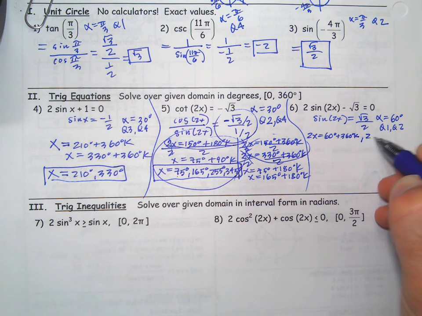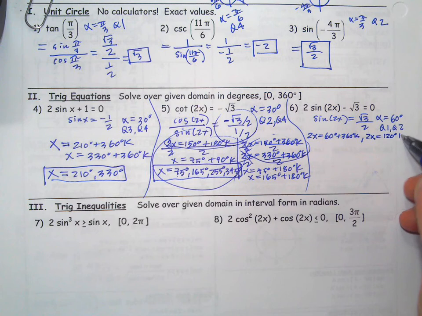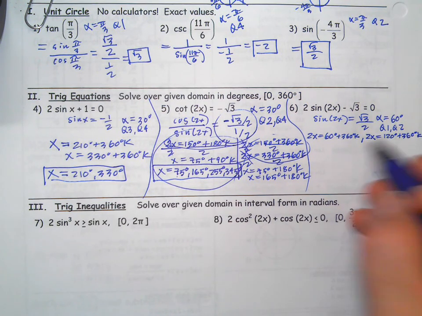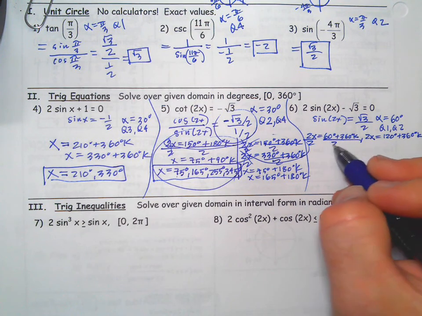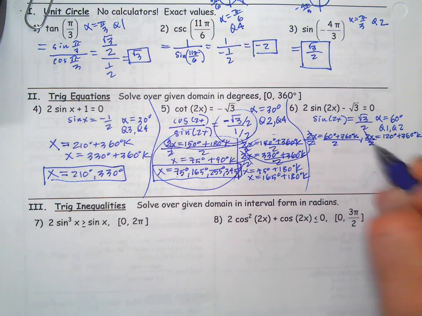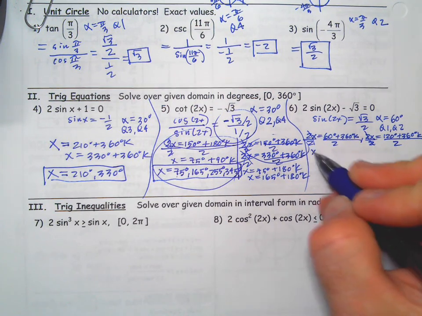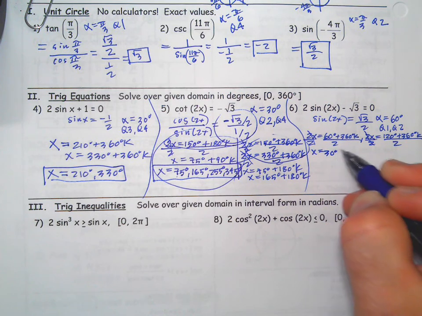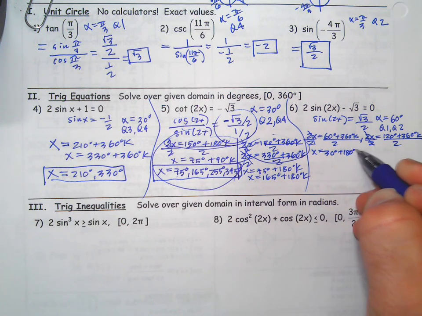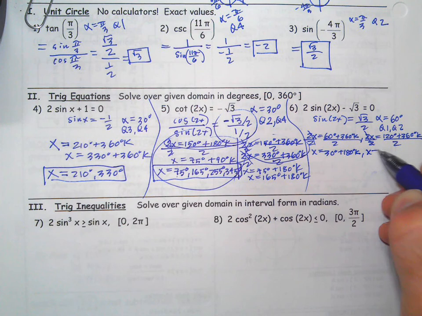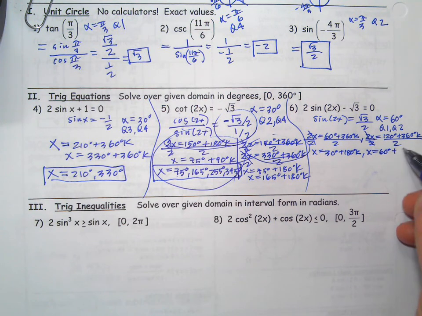And quadrant 2 would be 180 minus alpha, 120 plus 360k. So then you divide by 2, divide by 2. X equals 30 degrees plus 180k. X equals 60 degrees plus 180k.